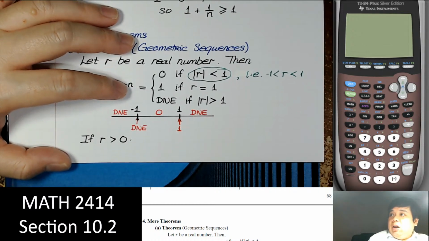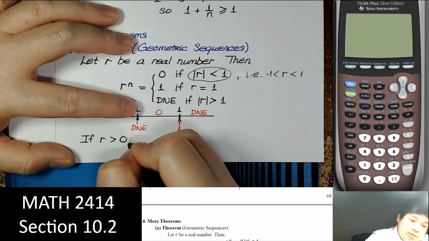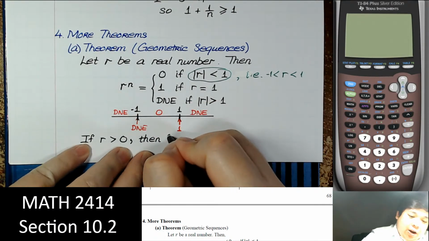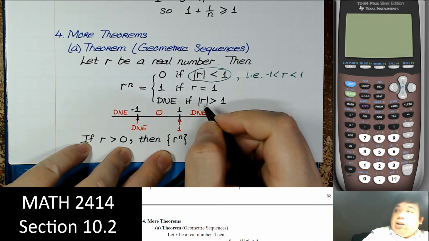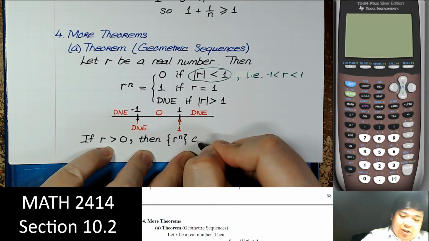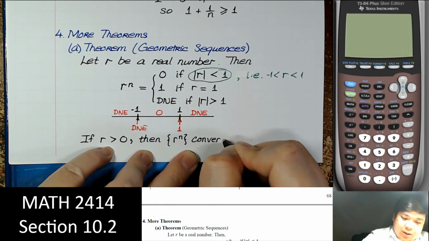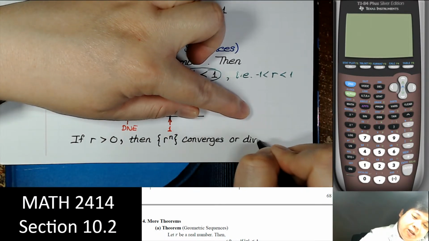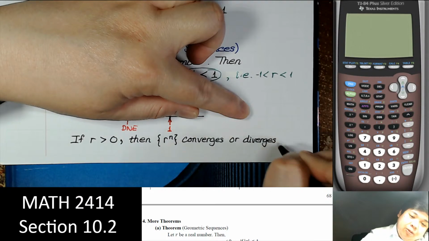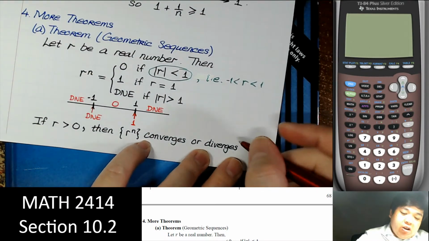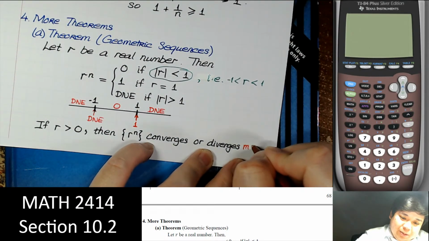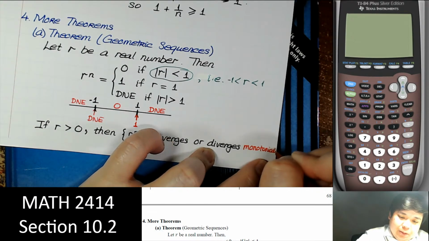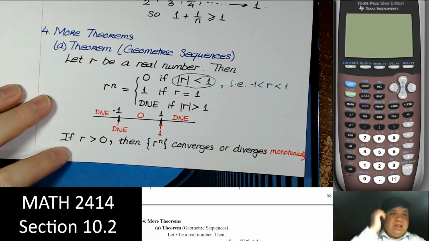When r is greater than 0, then r to the n power converges or diverges, but most importantly is monotonic. Sorry, ran out of space.